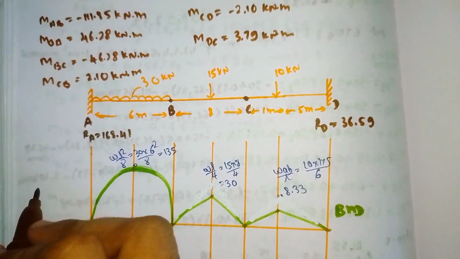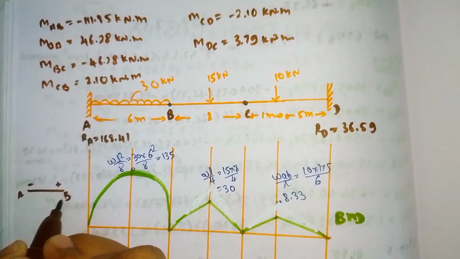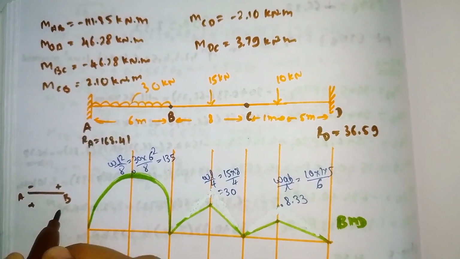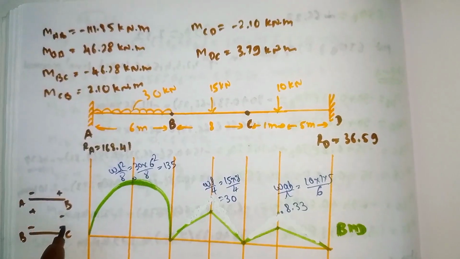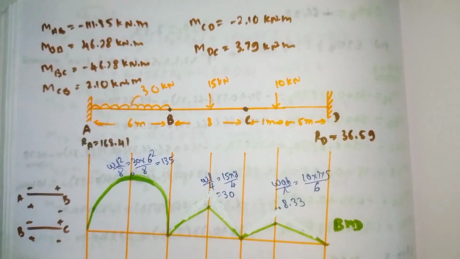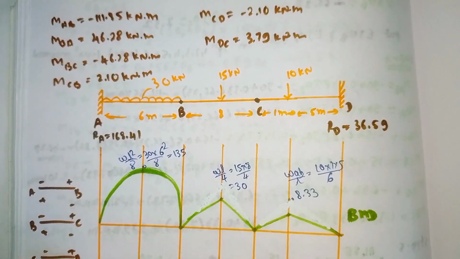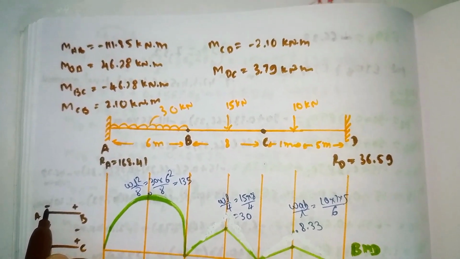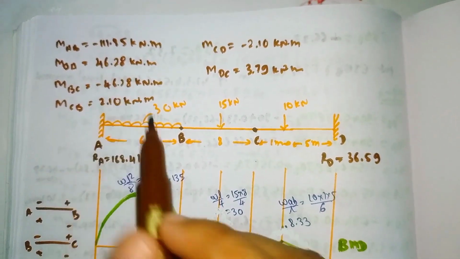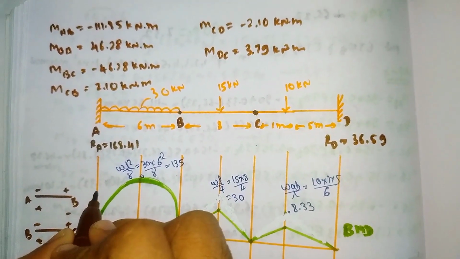Whenever we want to draw the net bending moment, the sign convention will be like this. The negative value always comes above the neutral axis. So our value minus 111.85 means it comes above the neutral axis, it comes here.